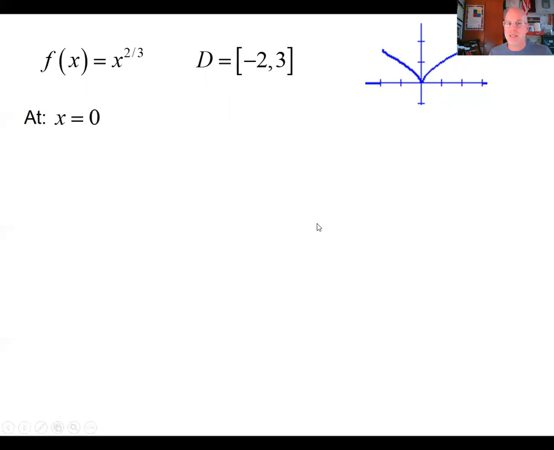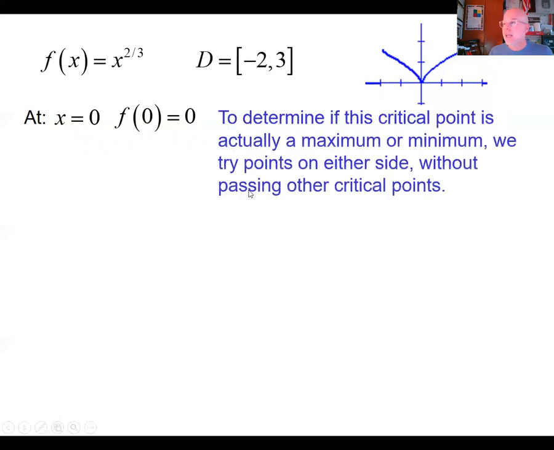So I want to test this with values of the function itself. The first value I'm going to test is 0. So 0 has a value of 0. To determine if this is a max or min, I want to check some points on either side. So I can check the value at -1, substituting -1 into x to the 2/3, and I get 1.